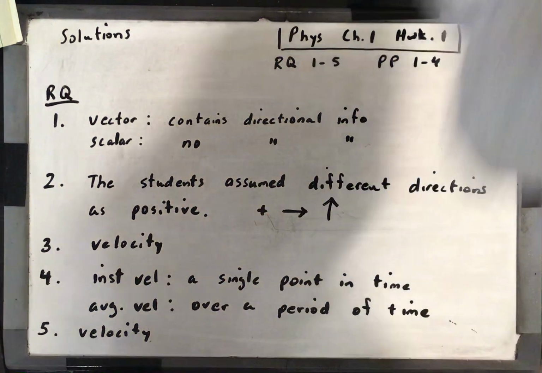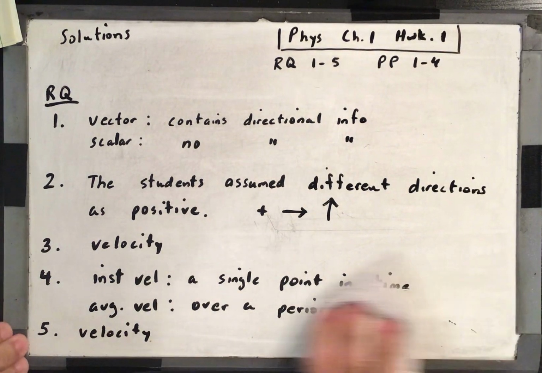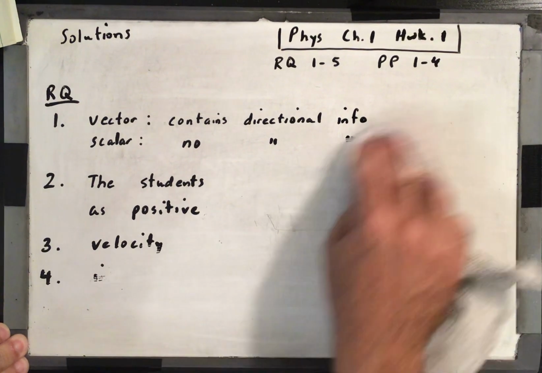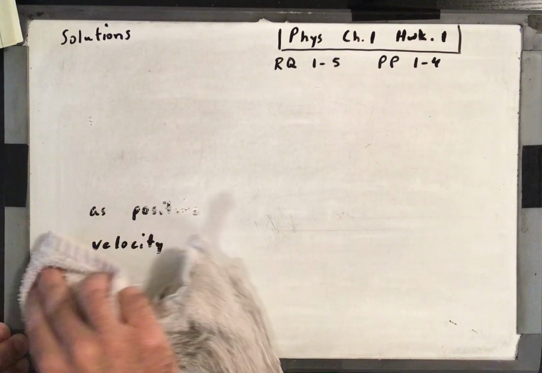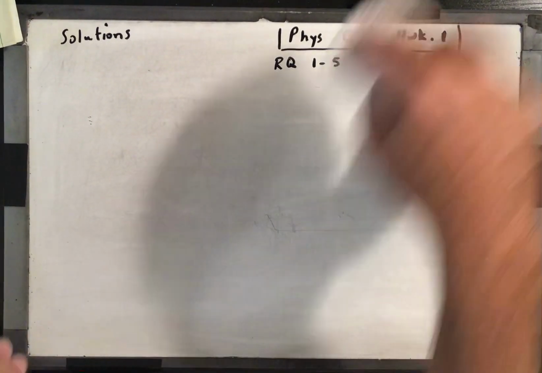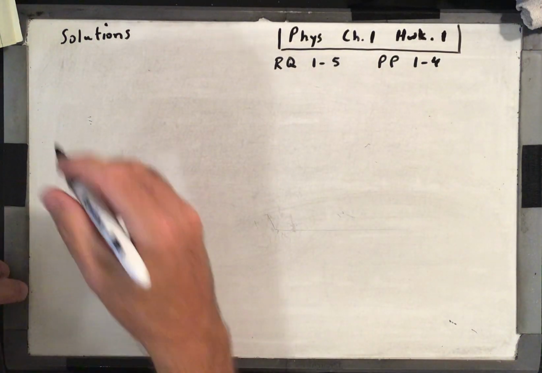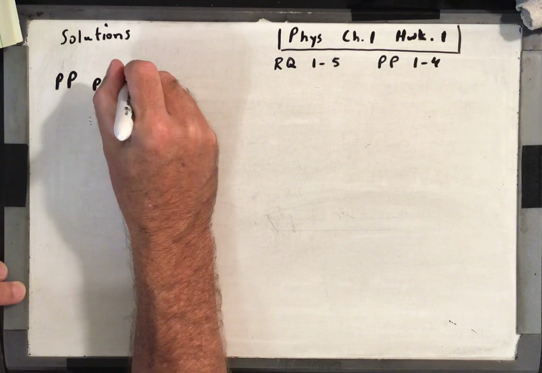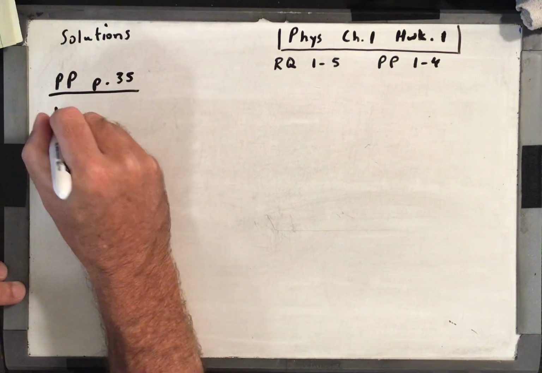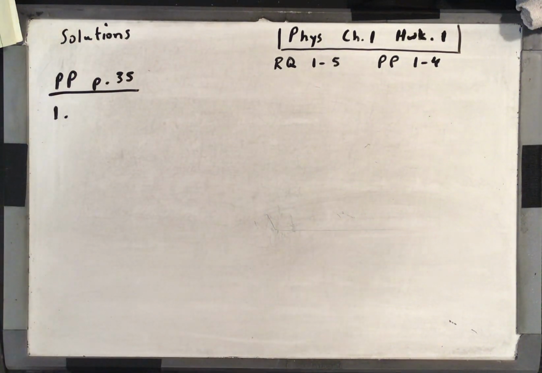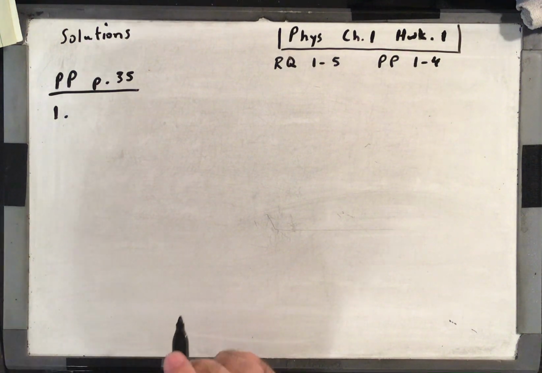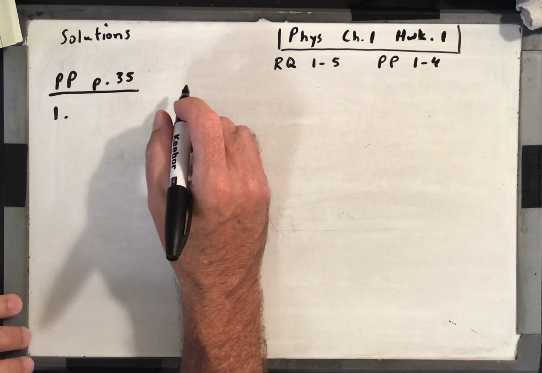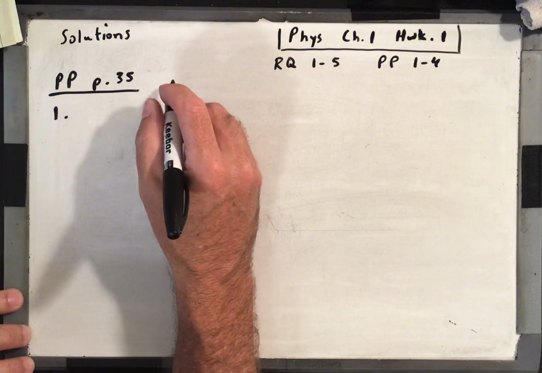All right, I'm going to erase this and then we'll go through the math problems. All right, practice problems. Page 35. Okay. Number 1 says a delivery truck travels down a straight highway for 35.4 kilometers to make a delivery.